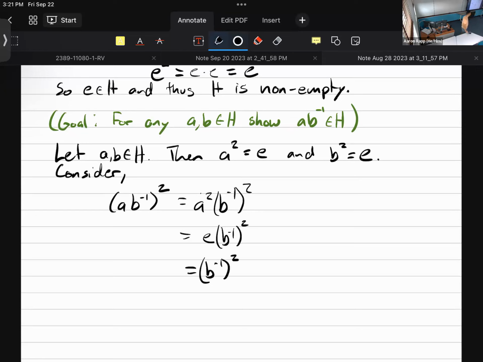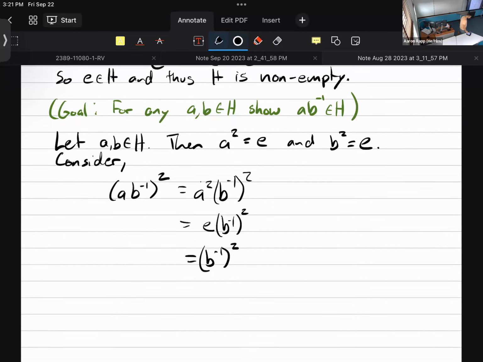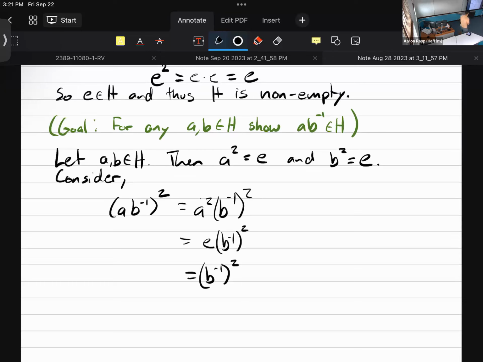We can definitely do something with B inverse squared. What are some other exponent properties that we know to be true inside of groups? You're going to say B to the negative two.